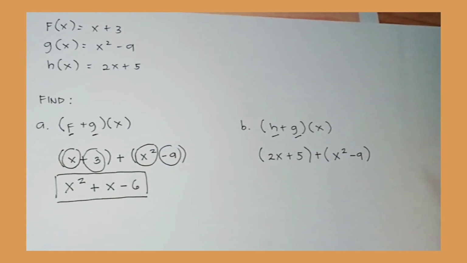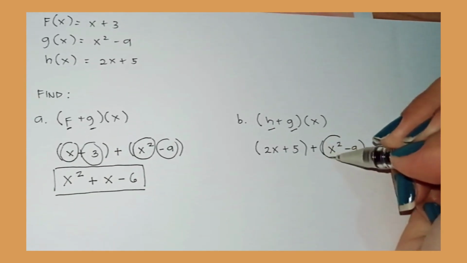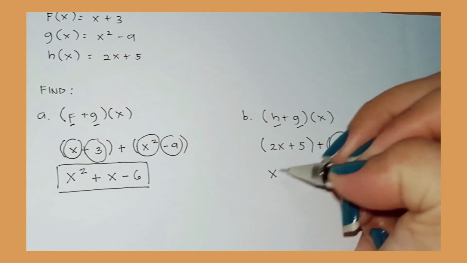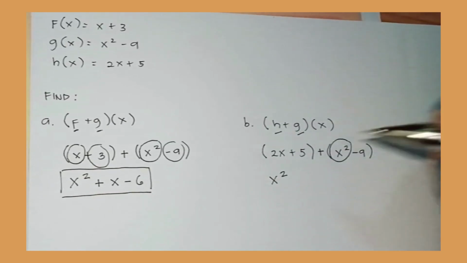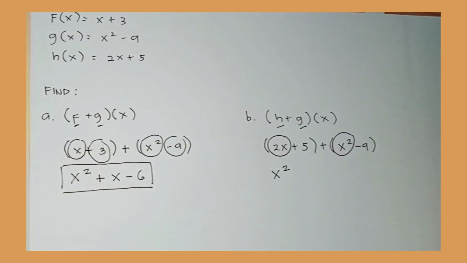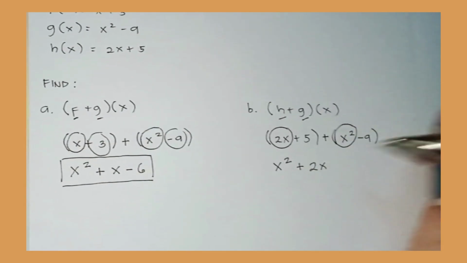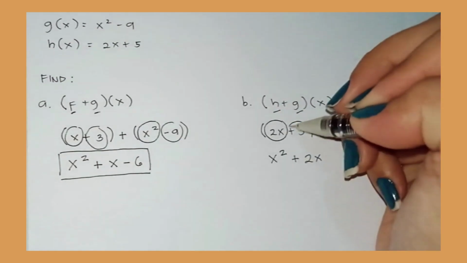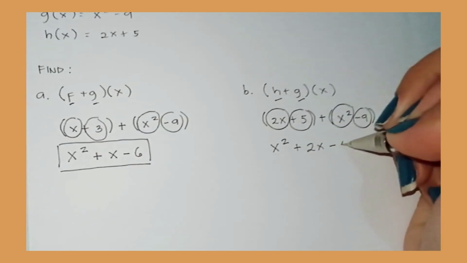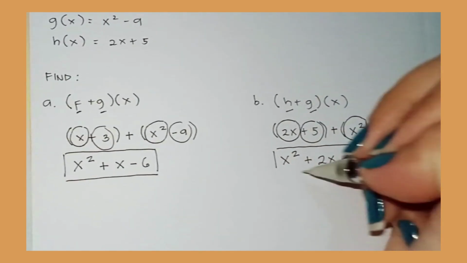Pagsamahin yung magkakatulad yung kanilang variables. Ito yung x squared. Wala nang x squared maliban dito. So, we just need to copy x squared. Next, 2x. Wala nang variable na may x. So, this will be positive 2x. Next, 5 minus 9, that is negative 4. So, this will be our final answer for letter B.